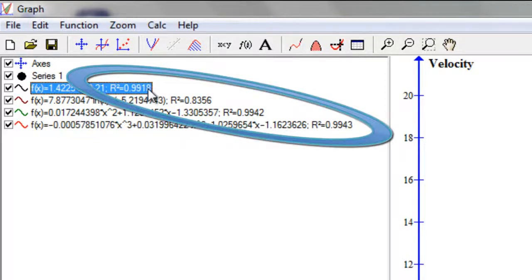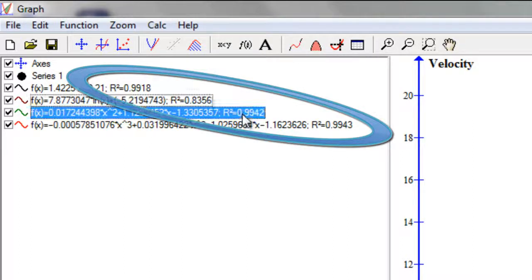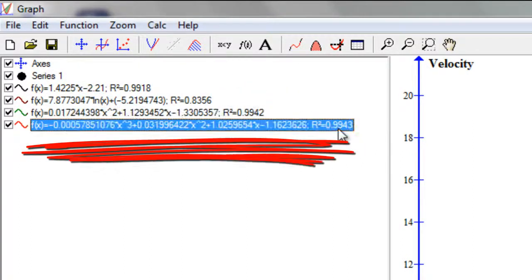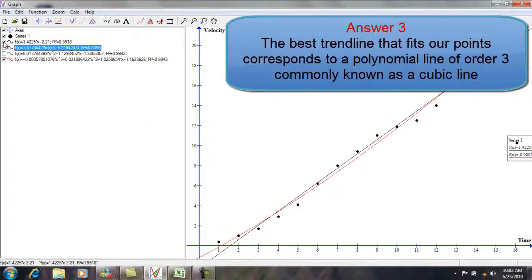By having various trend lines, we can obviously choose the best trend line which fits our data by looking also at the value of r squared in our equations.